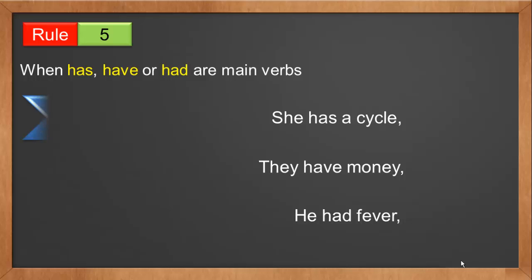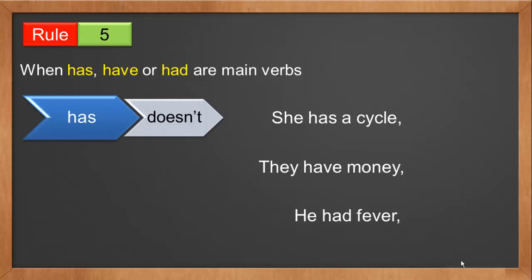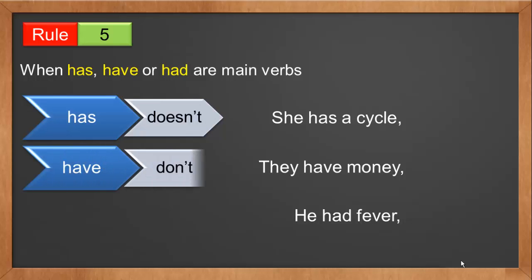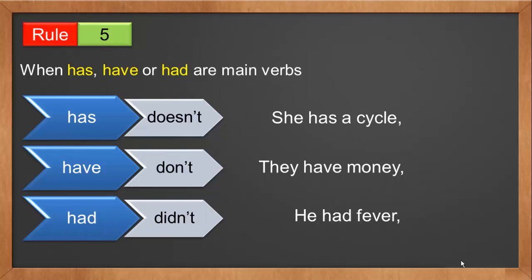So in case of has, we again use doesn't, like in the previous rule. For have, we use don't. For had, we use didn't. For example, she has a cycle, doesn't she? Or we can say she does have a cycle, doesn't she? Over here, has is the main verb. There is no other auxiliary verb, and has does not behave like an auxiliary verb.